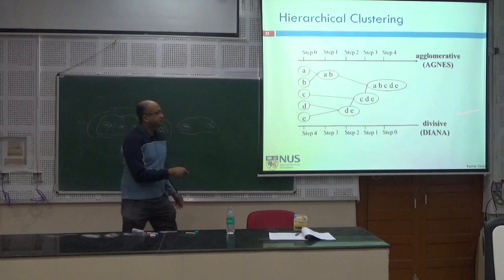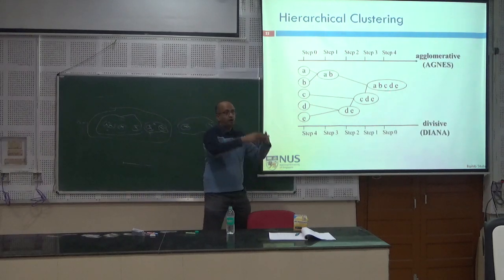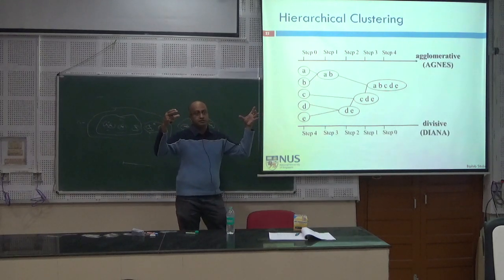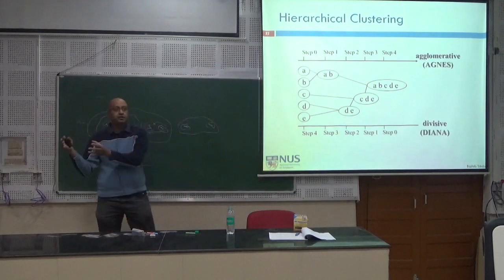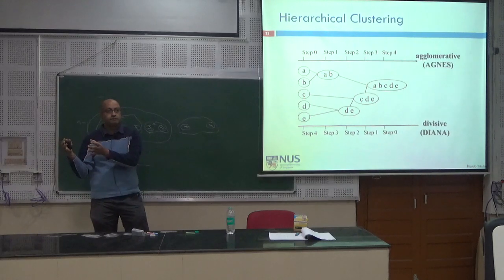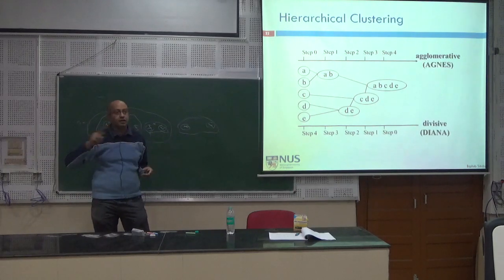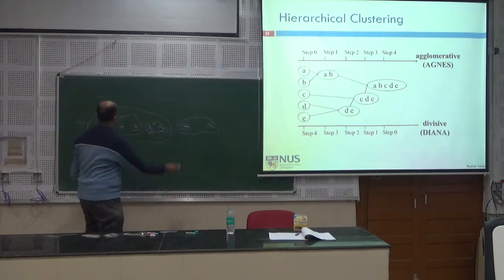The way this works is, I have started with everybody in my cluster. Next step, n minus 1 will be in one cluster, 1 will be in another cluster. So I split like that, one at a time. This is what happened in the other way.